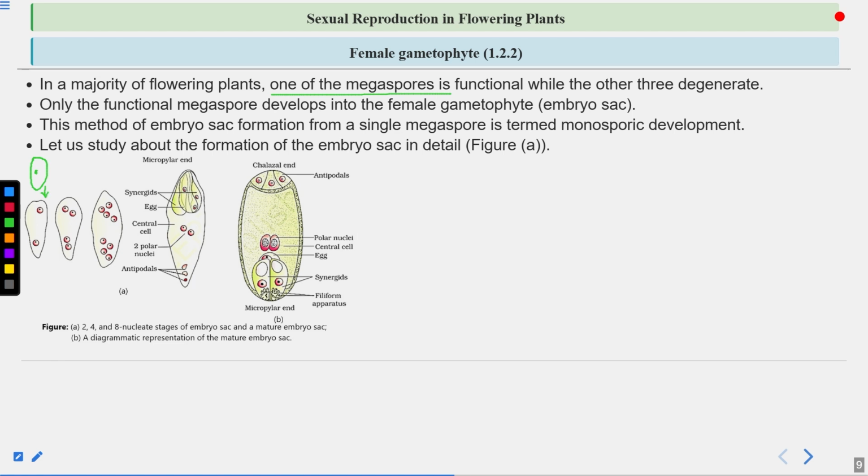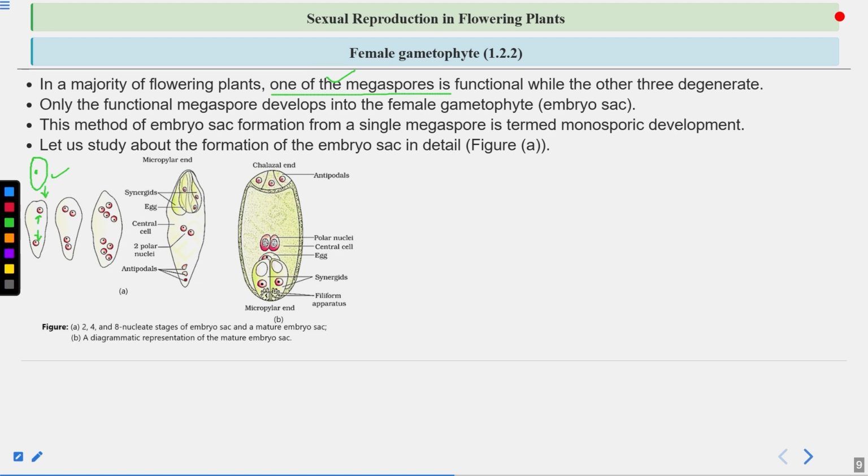One nucleus is divided into 2 nuclei, and the 2 nuclei move toward opposite poles. Remember, 3 got degenerated and 1 is left, so we are talking about how the division occurs in one megaspore.